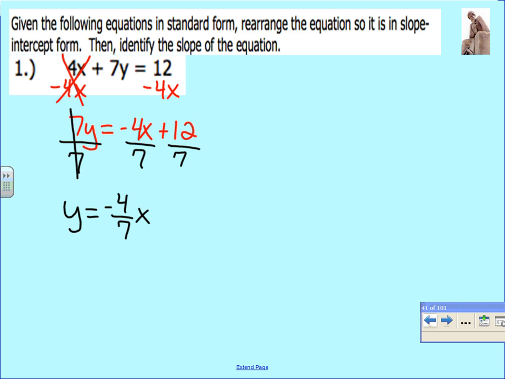Okay, this fraction negative 4/7, it's already simplified. Slope has to be written as a simplified fraction or a whole number. Now plus, this is 12 divided by 7. Do not leave it like that. This number always has to be changed to a decimal or leave it as a whole number.